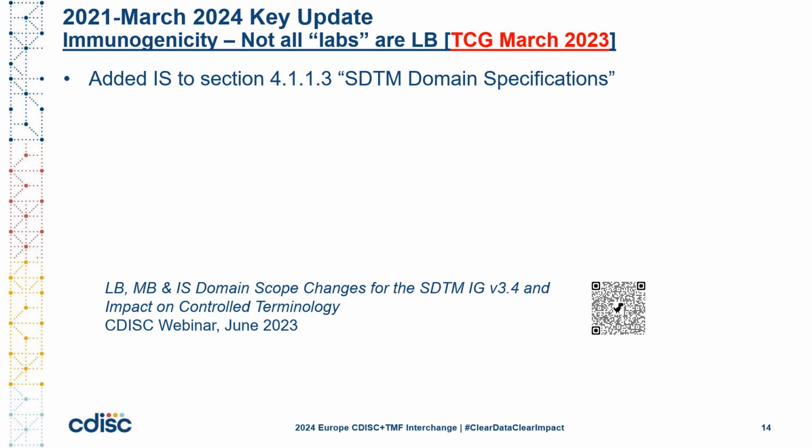This change may impact the way data are mapped between three, let me say, laboratory datasets: the standard laboratory dataset LB, the MB microbiology dataset, and, as I said, the IS immunogenicity dataset. The changing scope of the IS domain with version 3.4 of the SDTM guidance could have a significant impact on your current ongoing study, or closed study.